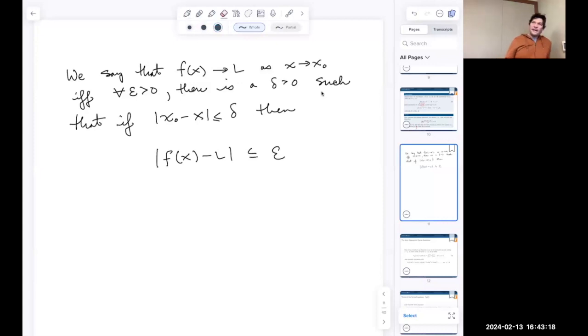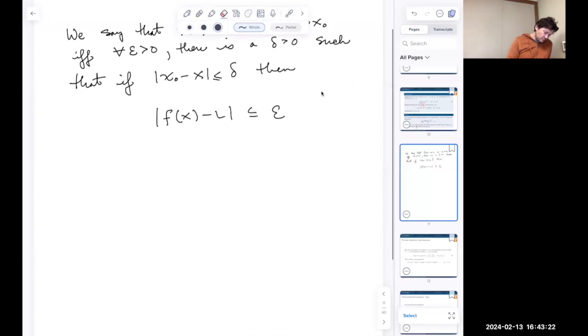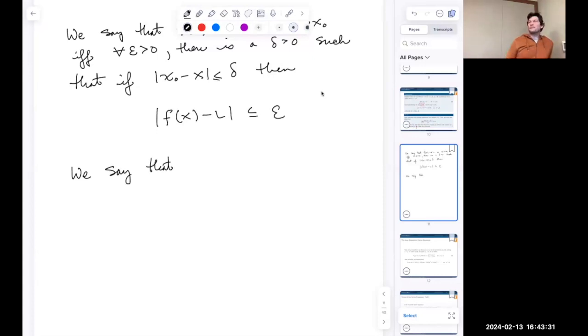Okay? Now I'm going to put a second parameter in there. So we say that, so what do you want to call the second parameter? Let's call it, anybody? Alpha? Yeah, sure. We say that f of x alpha converges to L of alpha, because L has to depend on alpha as well, right?